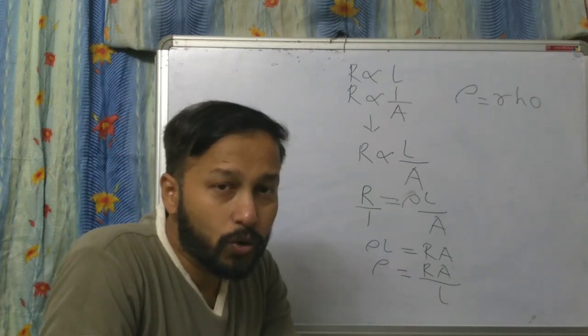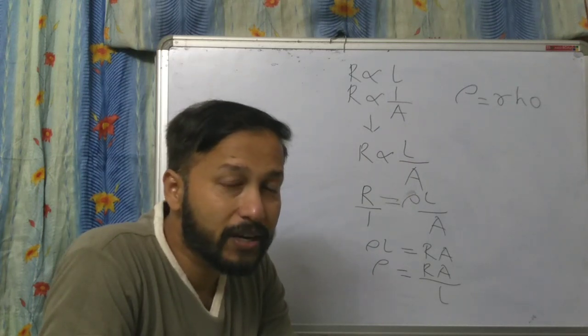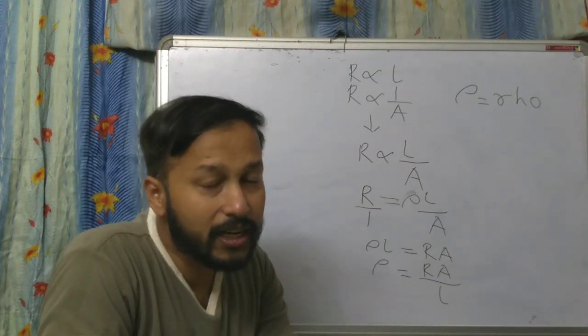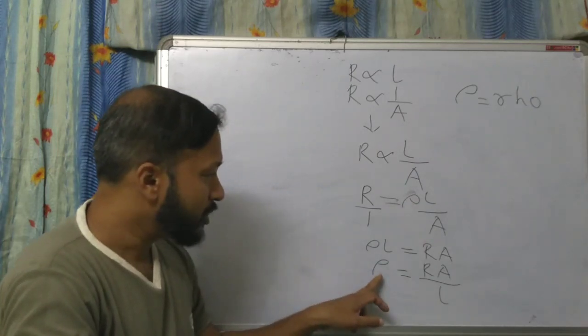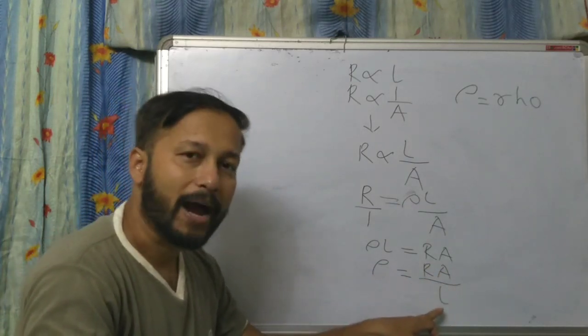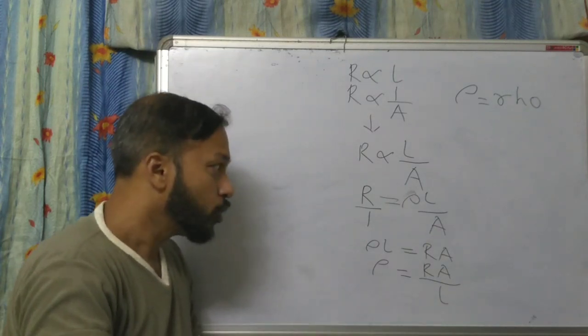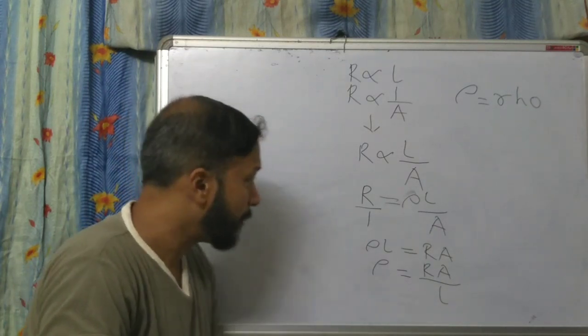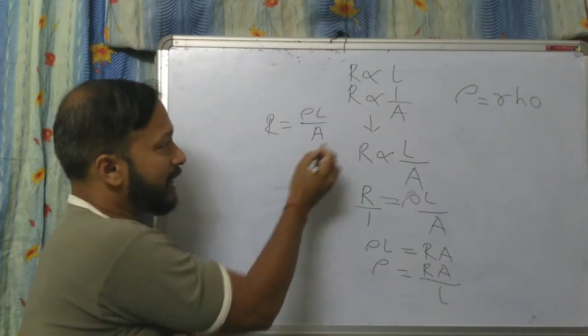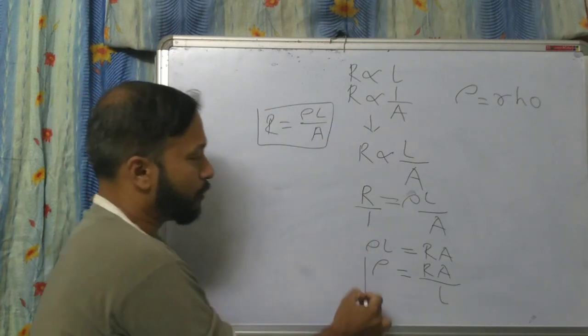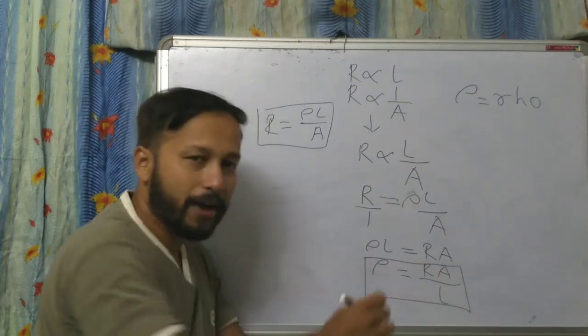So, if I ask you, how will you calculate specific resistance or resistivity? Then to calculate it, we will write rho equal to RA by L. This is the equation. So here two equations you have to remember. First of all, R equal to rho L by A, this equation and this equation. Both the equations you have to remember.